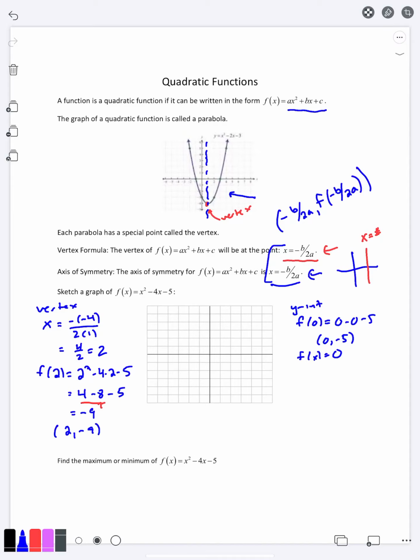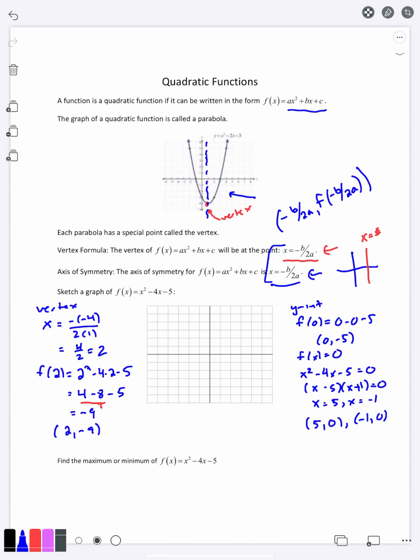But this one does. So we're going to set it equal to 0 here. And then we factor. And we get two values of x, 5 and negative 1. So that means my x-intercepts are 5, 0 and negative 1, 0.